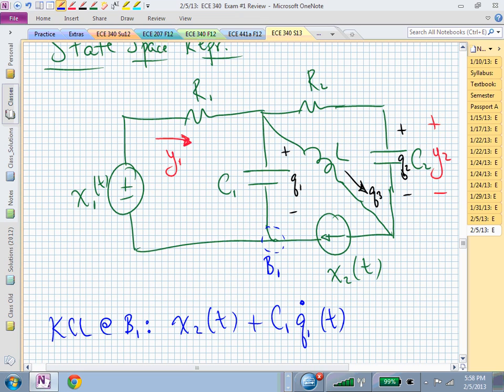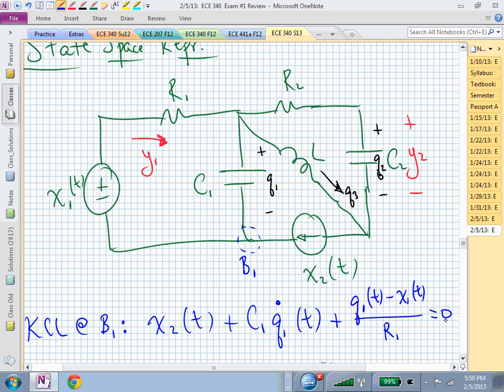Meaning we now have, we could say this is now plus Q sub 1 of t minus x1 of t. That gives us now the drop across R1 divided by R1, and all of that is equal to 0, and that's basically the first equation. And that gives us now a Q1 dot equation.